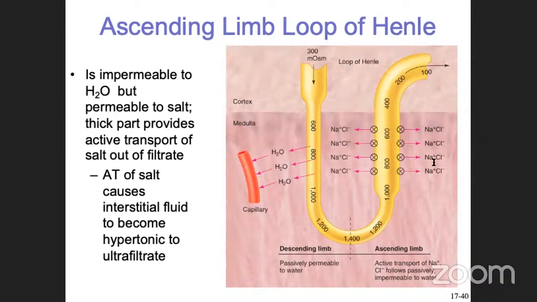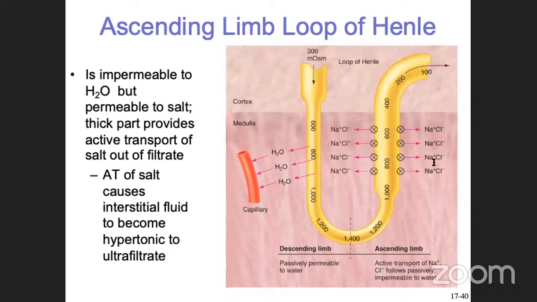Here it is not allowing more water to go out. Instead, they retain lots of water molecules inside, but they allow the sodium and also the chloride to leave the tubules. It's the other way around.